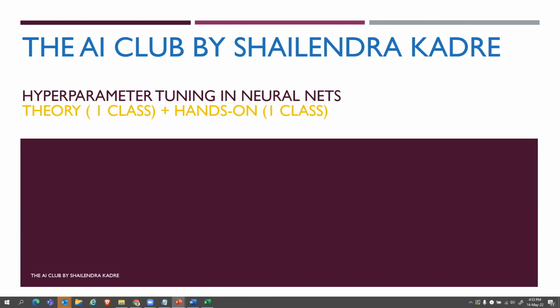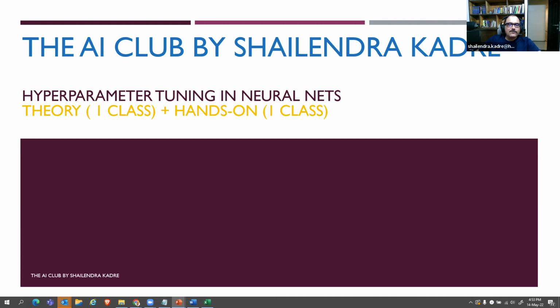Hyperparameters are the learning rate, number of layers, number of neurons, the optimizers that we use, activation functions, everything that we can customize while designing our model. All those are hyperparameters. No, don't go by that hyperparameter tuning example that we learnt. Okay, so we'll see going forward.